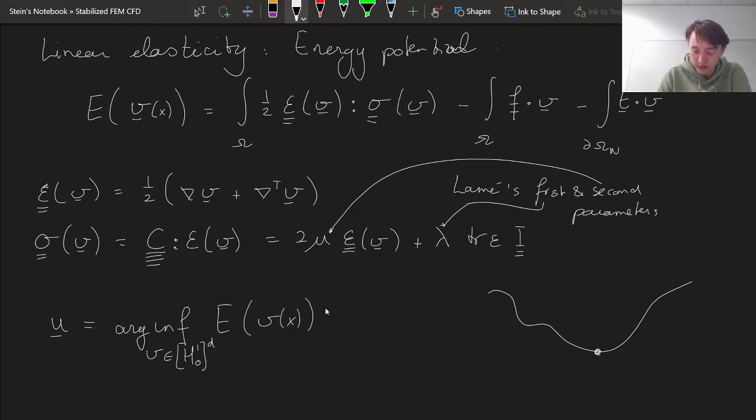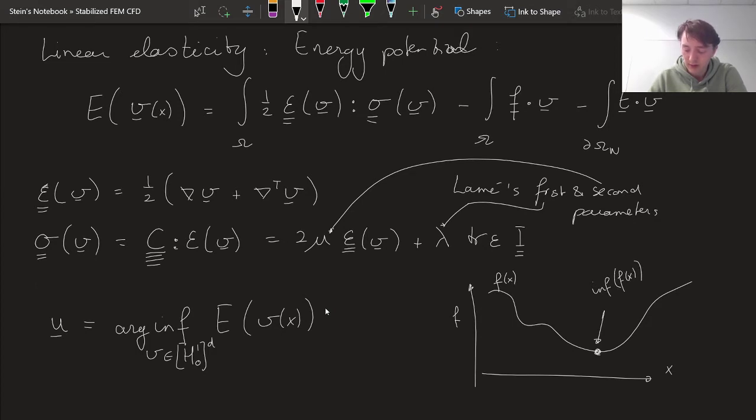So if this function, we call this f of x, then that point is the point that corresponds to the infimum of f of x for all possible x, or x in, let's call this, that's what we call our domain D. So for all values x in the domain of our function that I've drawn here, we're obtaining the minimal value, so that's the infimum of f of x.